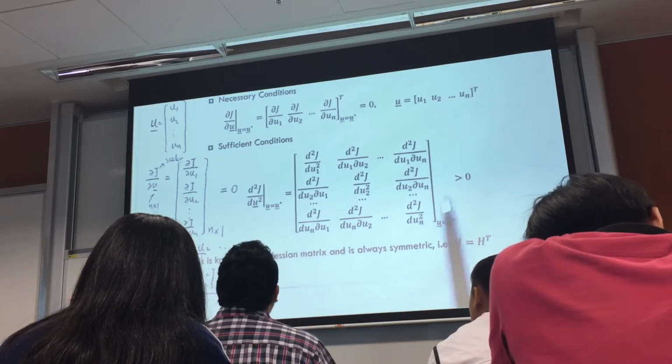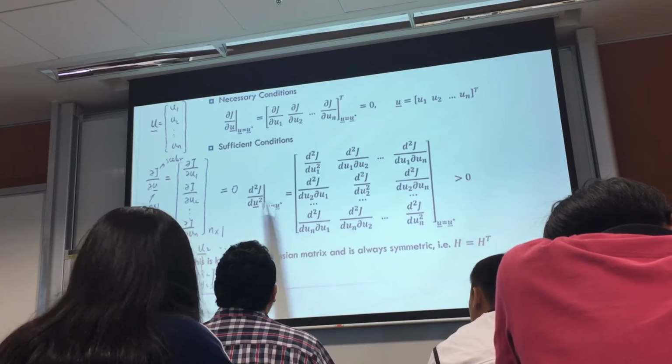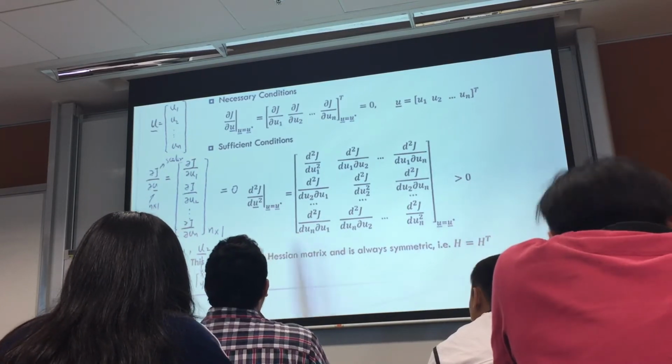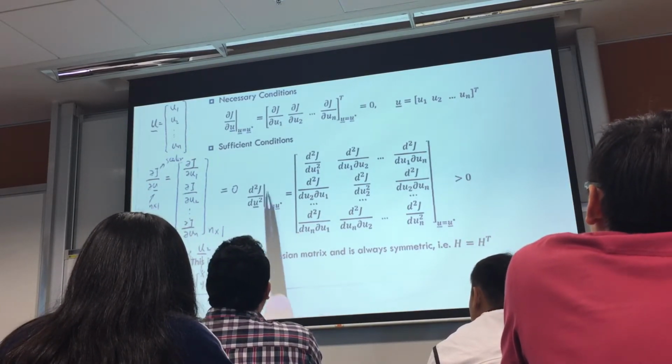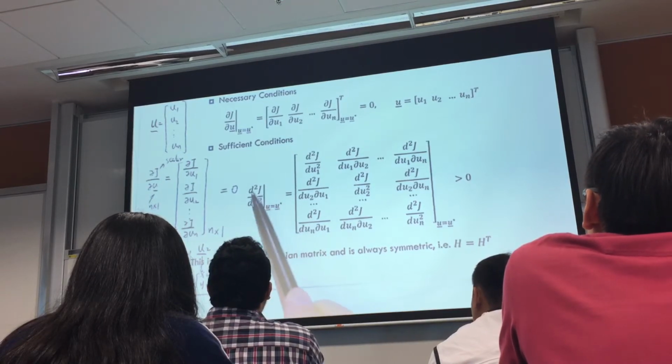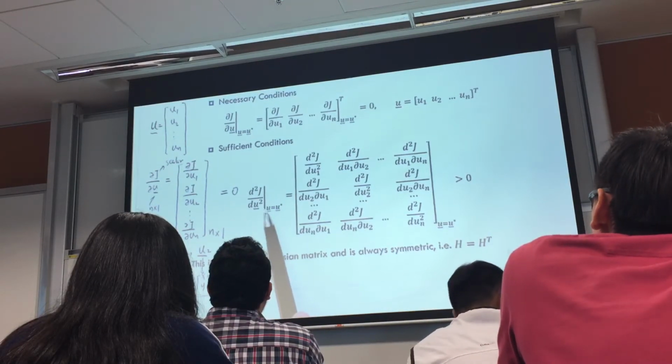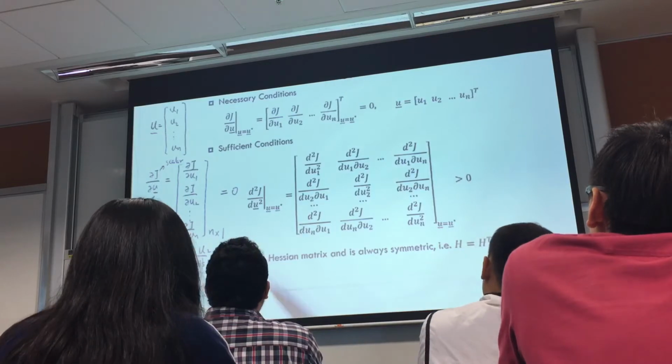The form is quite similar to our one-dimensional case. It is to evaluate the second derivative, but now it's more complicated.